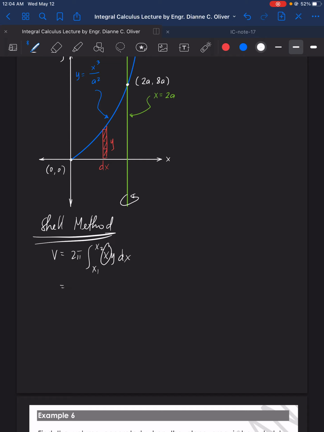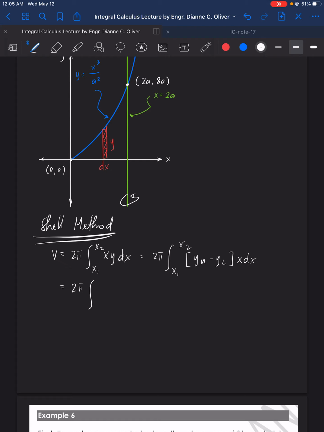Then we need to remove y. So we need to substitute y with x. So we have here the y upper minus the y lower. 2 pi, y upper minus y lower, x dx, x1 to x2.